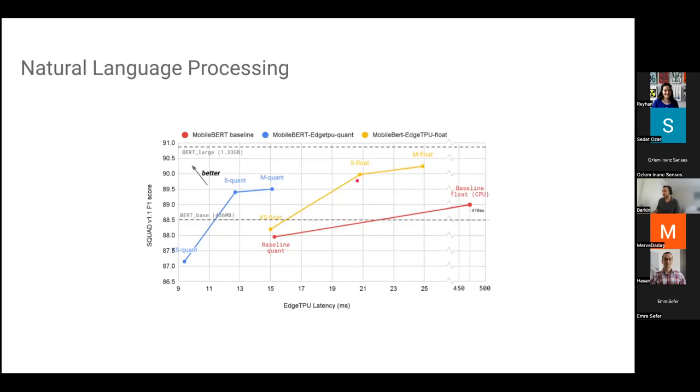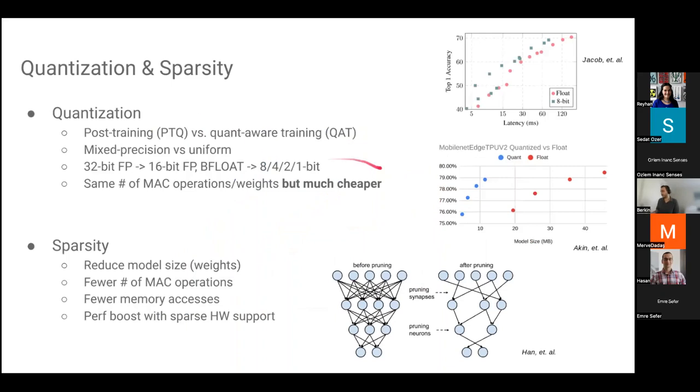So this yellow one is for float, blue is for quantized. We can already get good performance improvement, but this can sacrifice some quality, especially for natural language processing. Quantization is not very well tuned there, but for computer vision tasks, it's actually very well studied, and we get much better results. Actually, this one is showing much better results. But what is quantization?